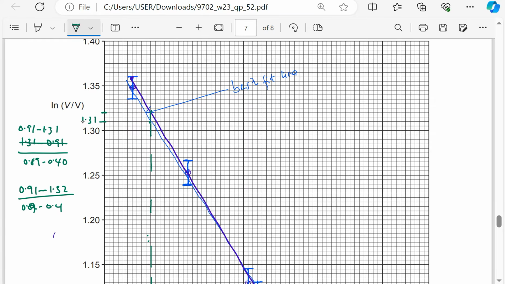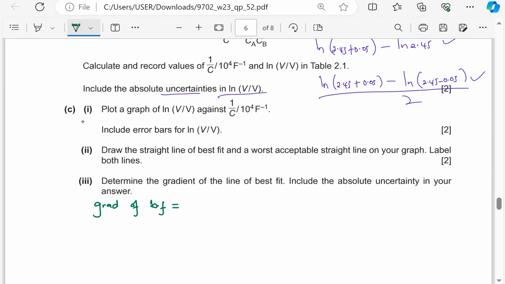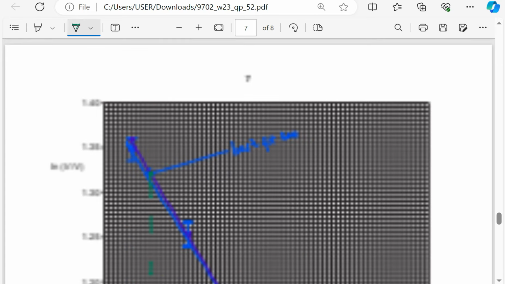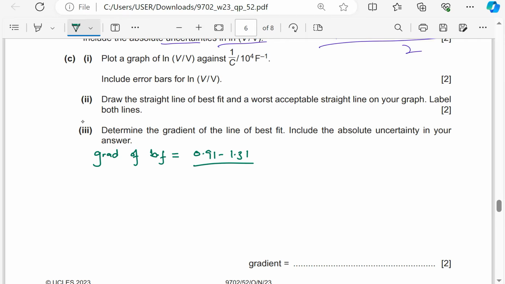So I'm going to transfer these to the other page. Gradient of best fit is 0.91 minus 1.31 divided by 0.89 minus 0.4.